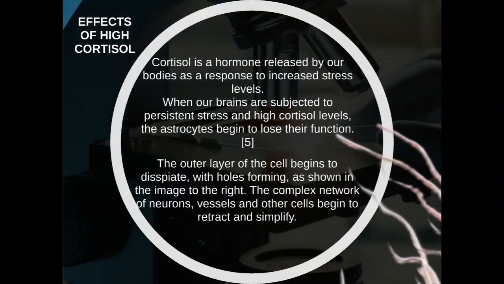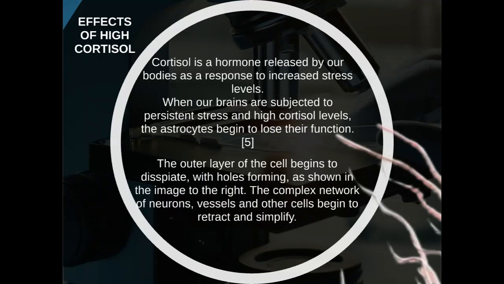And so just for some context, damage occurs externally to these types of cells, and the one we're focusing on is cortisol. Cortisol is a hormone that's released by our bodies when we're responding to increased stress levels. So if our brains have a lot of stress and it's consistently being attacked by stress, there'll be high cortisol levels there. And that means that the astrocytes will start to lose their function because they're being consistently attacked by this specific hormone.